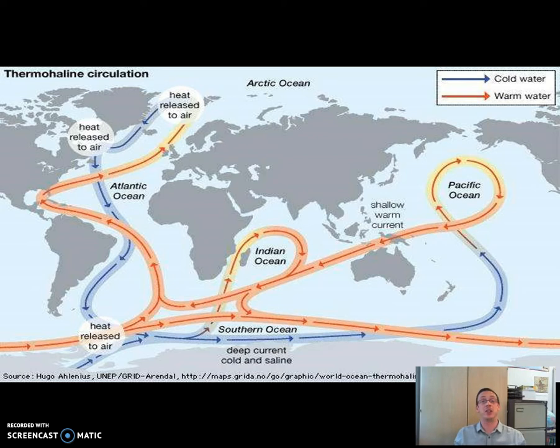As it drives it to the surface, it gets heated and it continues to move around. One of the big things that occurs as part of this is it releases a lot of nutrients into the water column, and it helps to create really rich fishing grounds, particularly in the areas where you've got these bubbles saying heat release to air.